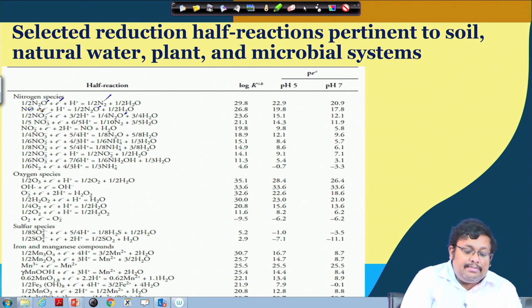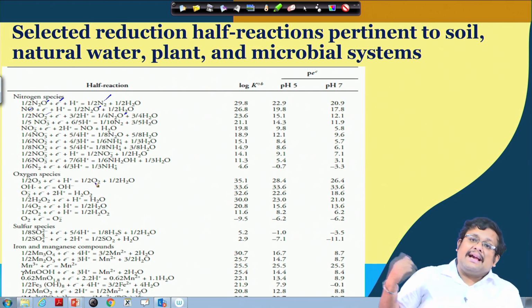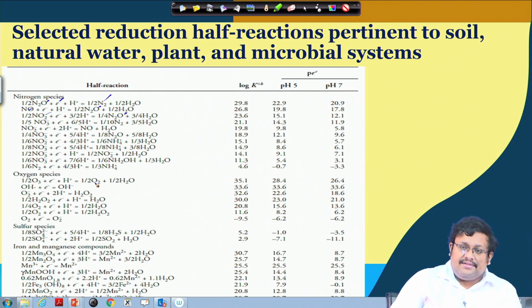Other examples given are nitrogen dioxide to nitric oxide, nitrate to elemental nitrogen, nitrate to nitrous oxide, nitrate to ammonium, nitrate to nitrogen dioxide, nitrate to NH2OH, and nitrate to NH4 ions. By accepting electrons, oxidized species of nitrogen can be converted into reduced forms of nitrogen.